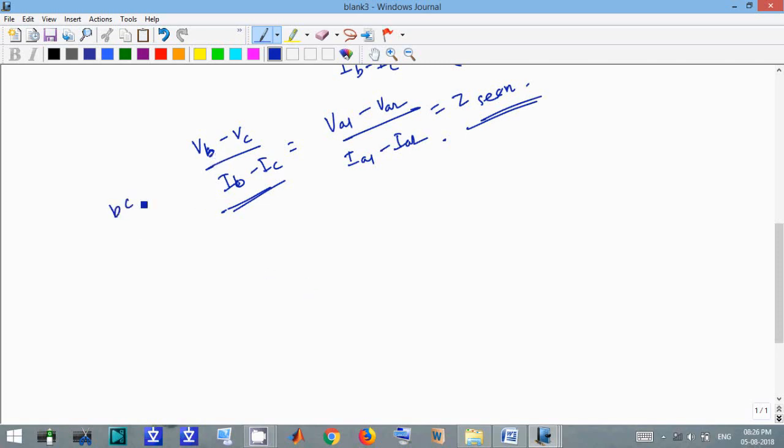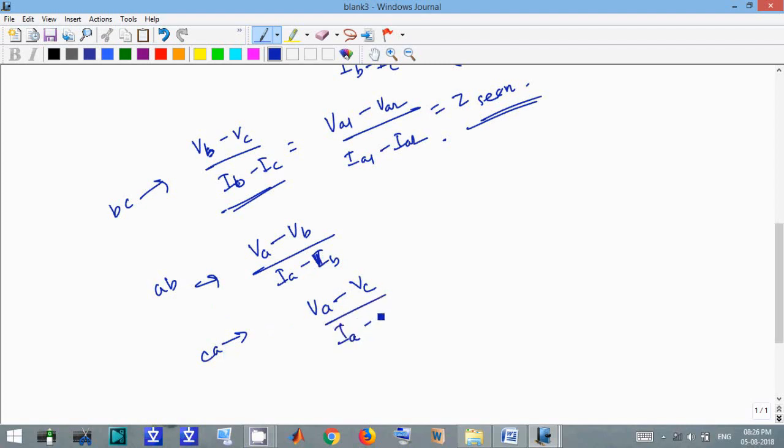This is for BC fault, and in case of AB fault, this will be VA minus VB by IA minus IB, and in case of AC fault, this will be VA minus VC divided by IA minus IC. Okay, so this is for line to line fault and line to ground fault.